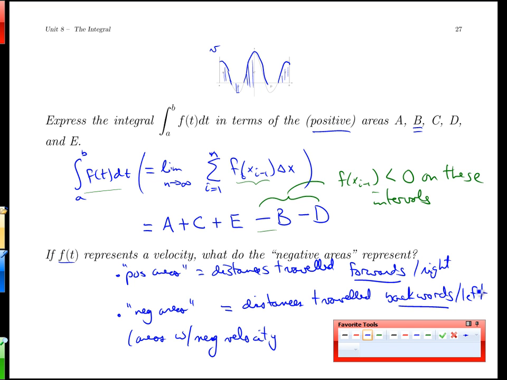Those would be the two most common ways to define positive velocities and positive displacements. So there's nothing unusual about having negative parts of an integral when we're talking about the function representing velocity. When we talk about areas, okay, then we have to think, why would we ask the question, do we want this to be positive? Do we want it to be negative? Is an integral exactly what we need?